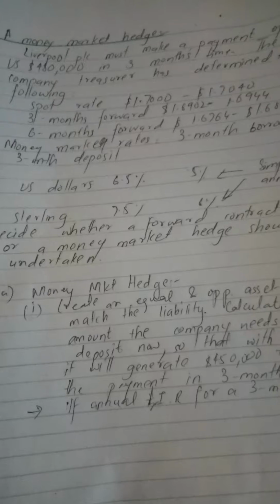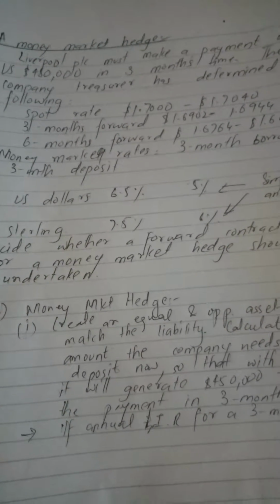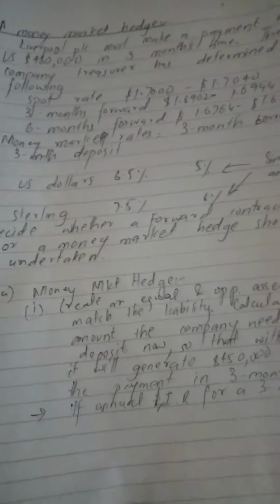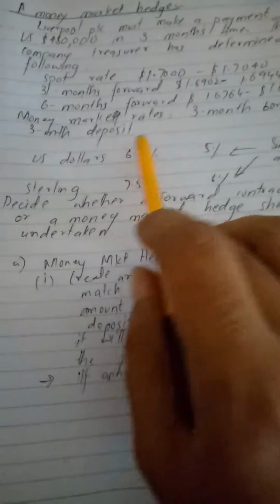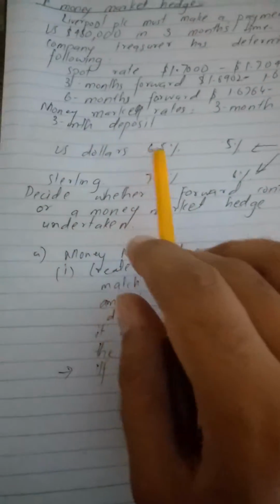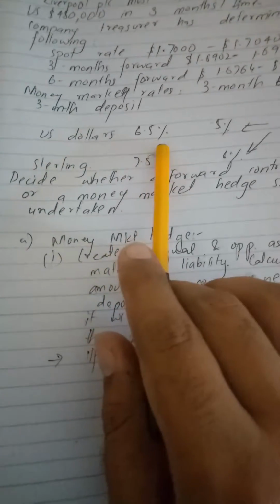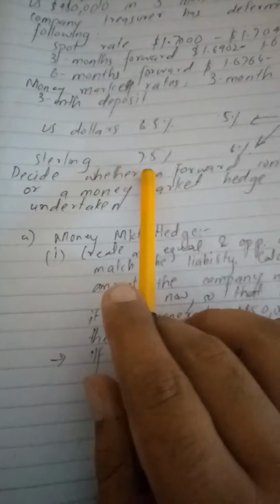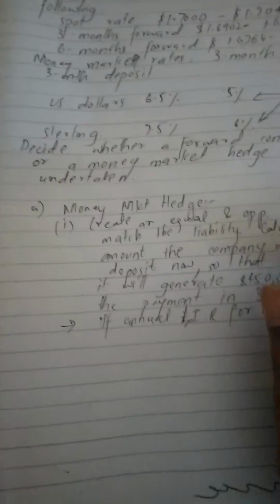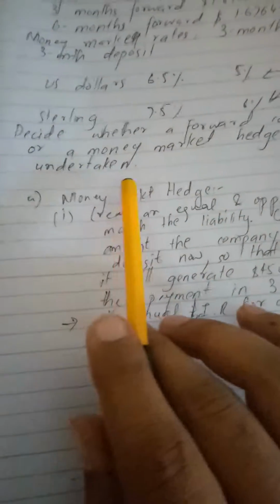The company treasurer has determined the following: spot rate is $1.7 to $1.7040, with 3 months forward and 6 months forward rates given. Money market rates for 3 month borrowing and 3 month deposits: US dollars 6.5% borrowing and 5% deposit rate; sterling 7.5% borrowing and 6% deposit rate. Decide whether a forward contract hedge or a money market hedge should be undertaken.